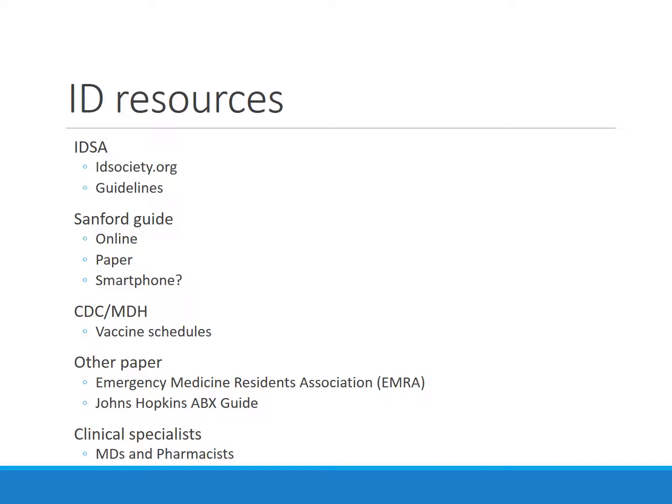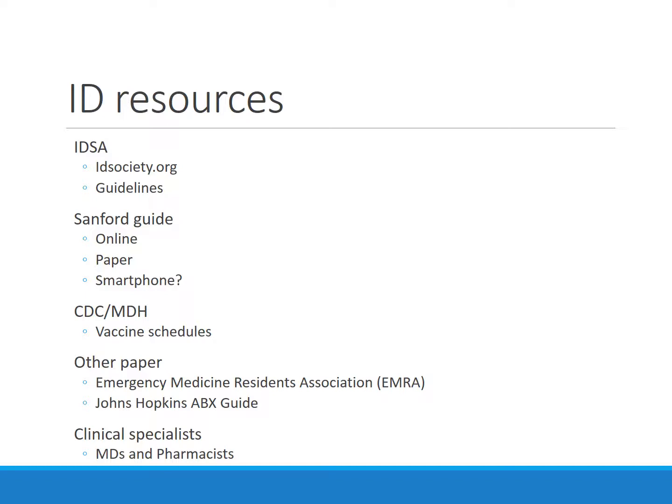So it'll give you a plus or a negative or something in between if it's questionable coverage. So if you're ever wondering, you get a culture back and it's growing something odd, and you look on Sanford and you're trying to figure out what to prescribe somebody, that's a good tool to start with, and you can look at the coverage based on what Sanford has compiled. It's a pretty reliable reference. It's something that I use a lot when I'm kind of stuck.